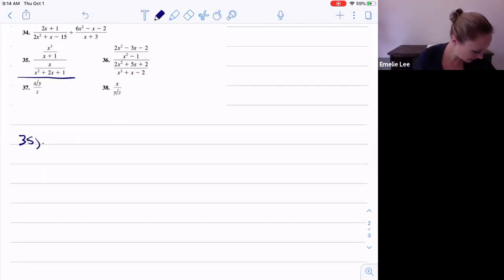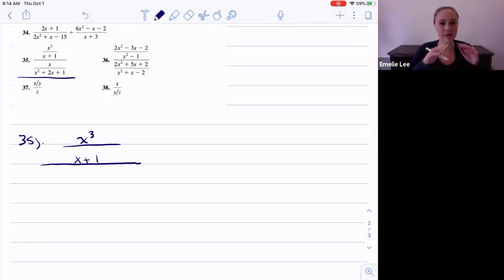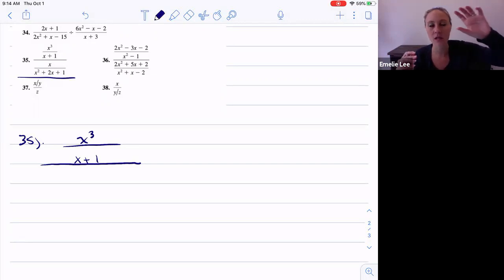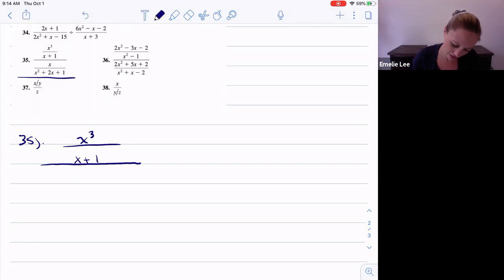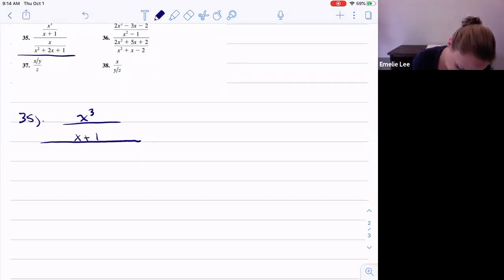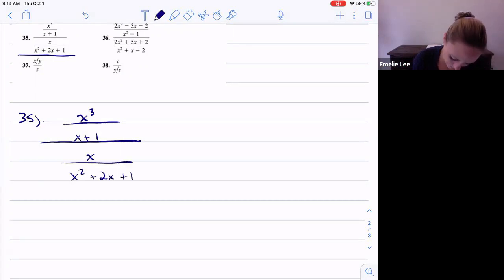So 35, we've got x to the 3 over x plus 1, and then that's all over x squared plus 2x plus 1. Notice how I extend the line a little bit just to indicate that I've got this fraction in the numerator and another fraction in the denominator.